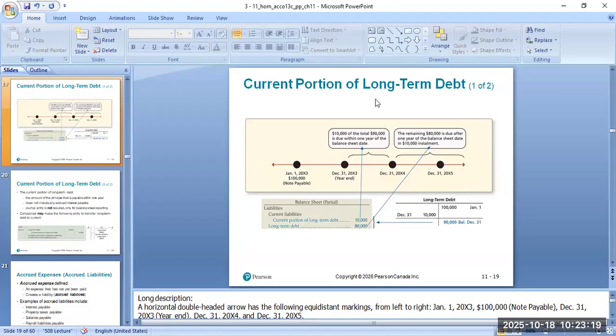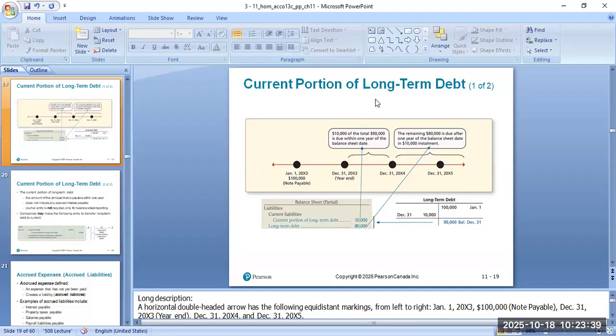So that's an interesting part when you're presenting the long-term debt on the balance sheet. The long-term debt is always going to have a current portion, which has to be paid within 1 year, and a long-term portion.